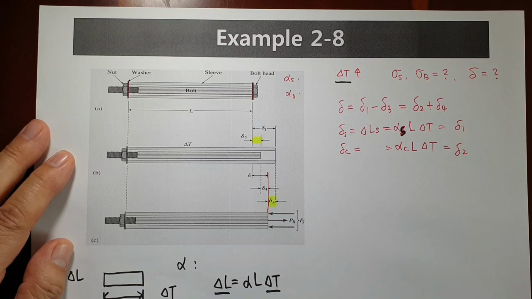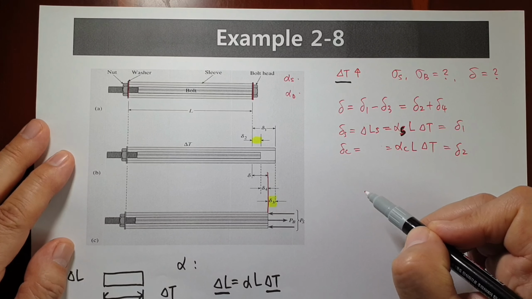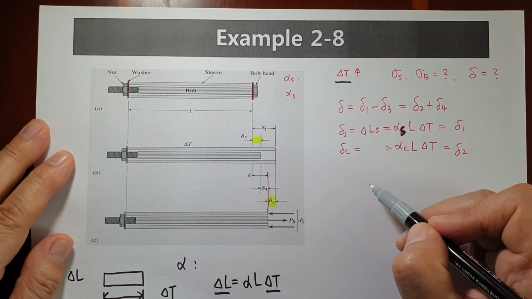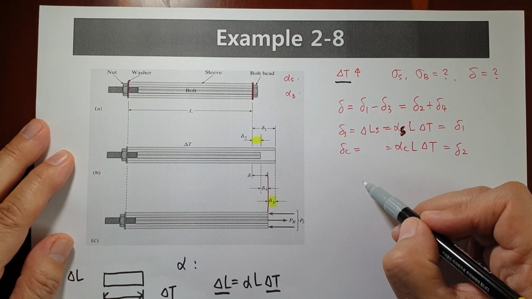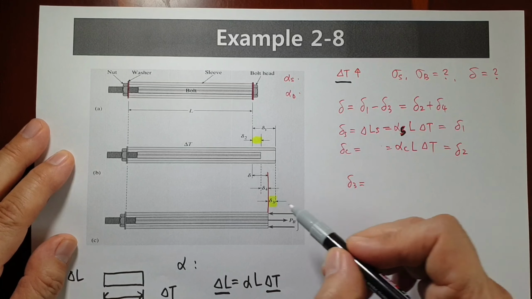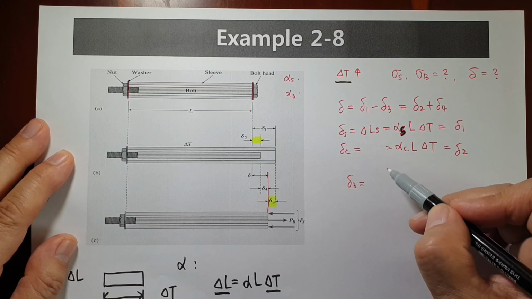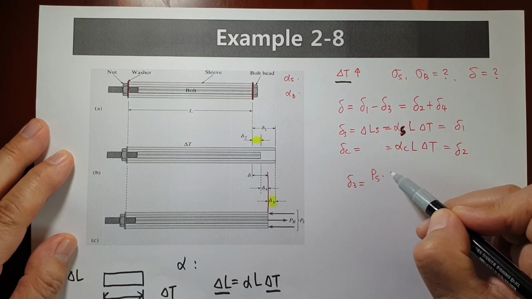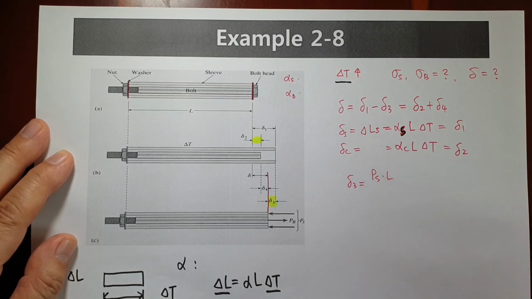In that case, we can consider some other relationships. Delta 3 happens. Delta 3 is the outside one, the sleeve, which is delta P S L over E S A S, with distance L because this change is very small.